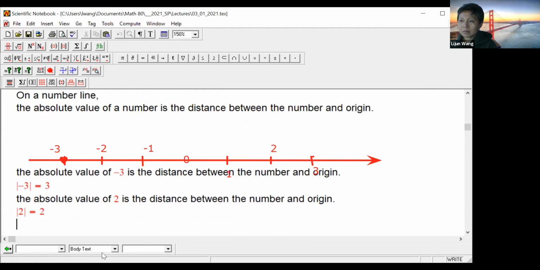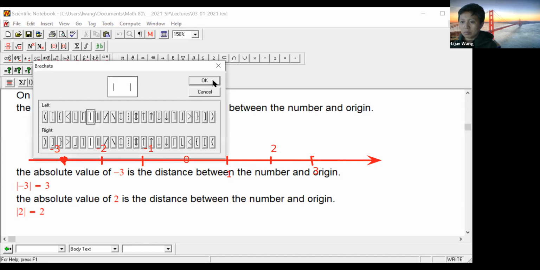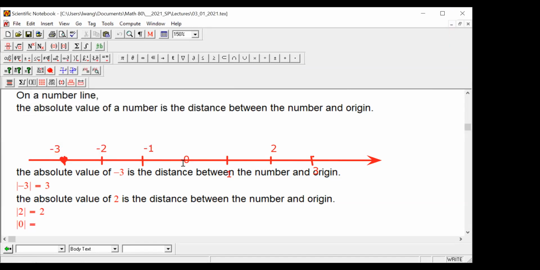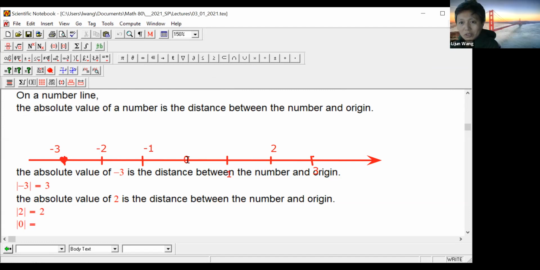Now, next, what is the absolute value of 0? You still measure from the origin to 0, so you basically stay in the same spot, right? The absolute value of 0 is 0.